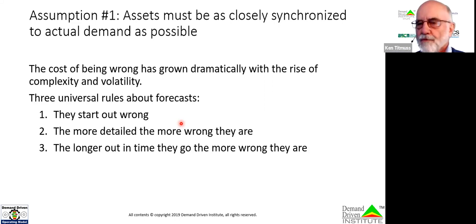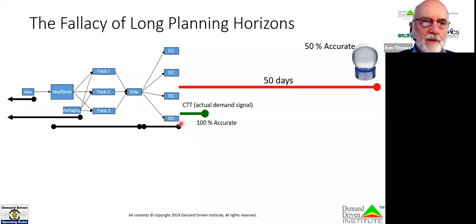And we know that if we try and forecast into the future, forecasts are always going to be wrong. The more detailed they are, the more wrong they're going to be. And the further we have to look out, the more wrong they're going to be as well. So we have these long planning horizons. We have to look out to a cumulative lead time to do our planning, which could be 50 days, and that's quite short.